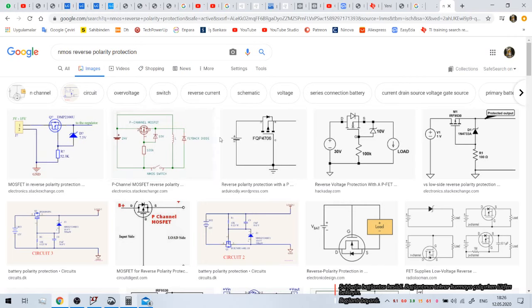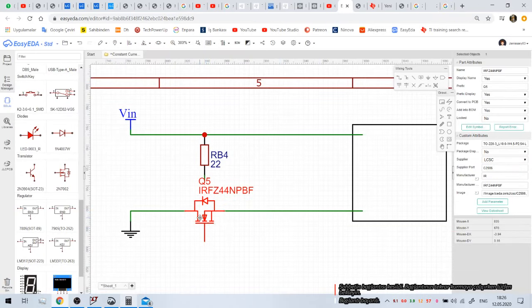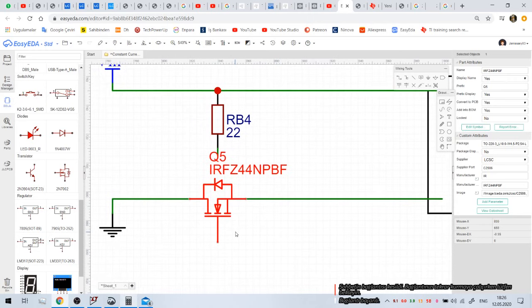And yes, MOSFET. Yes, this works. This will work. But it's connected. Yes, source going to there. Okay.